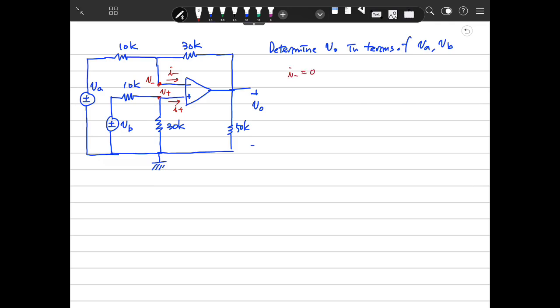I minus should be 0, I plus is 0, and V minus and V plus are the same. Write these equations first. Next step is to make node equations at the two input nodes here.